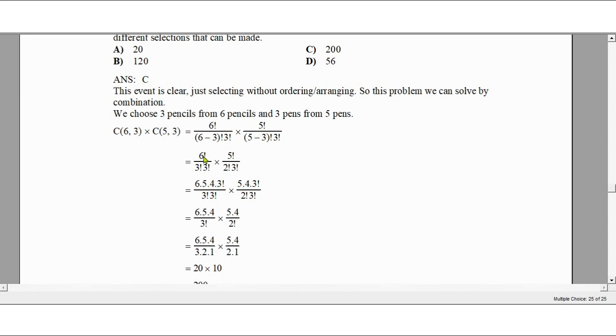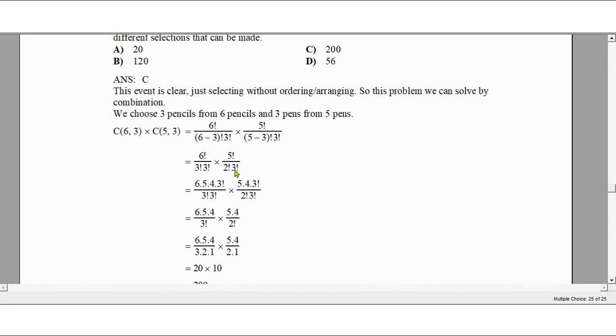Now here 6, and then we should look at the denominator. If in the denominator the biggest factorial is 3, we can stop the numerator at 3 factorial. Why? Because we can cancel it afterward. For the second combination also, 5, 3 factorial, 2 factorial, so we can stop the expansion at 3 factorial.